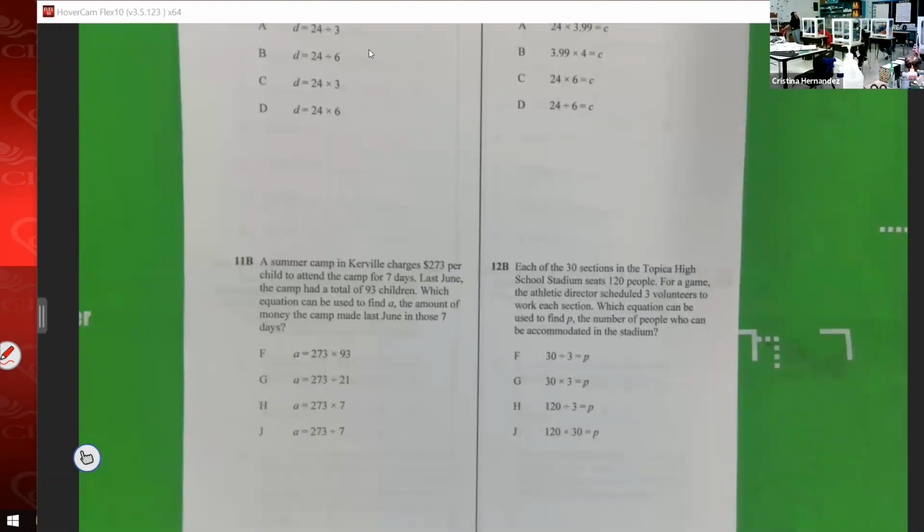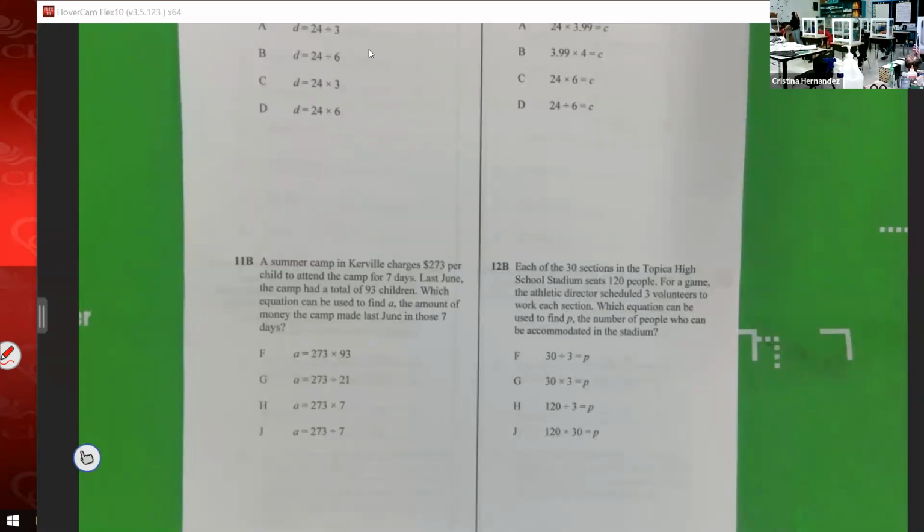So you're going to divide 7 divided by 273. I don't think you can do that, can you? I don't think it's on there, is it? $273 per.